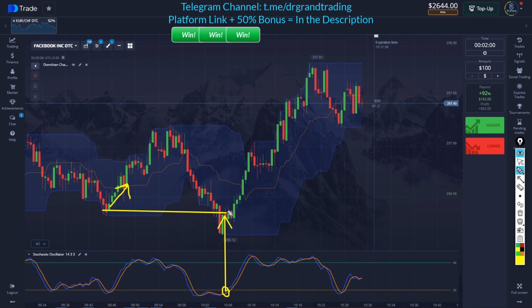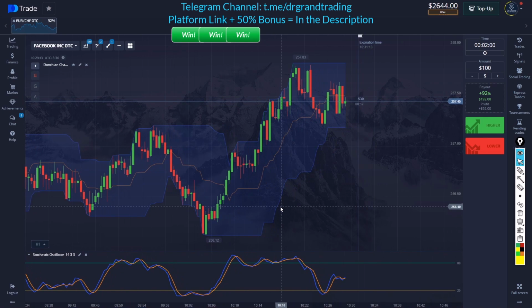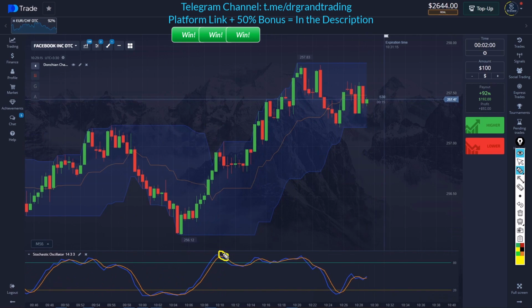So it's a good signal that the buyers can push the price up again. Here we have this intersection on this candle, but if you look at the past, we have this seller's entry right here. If you want to have a better one, you should wait for this one.